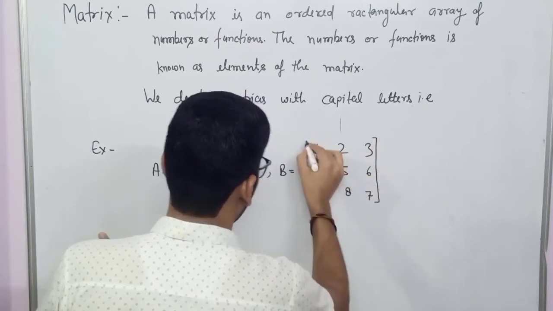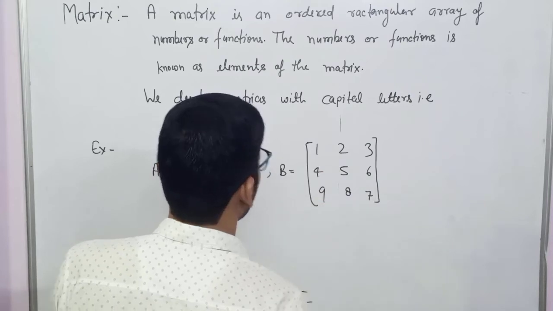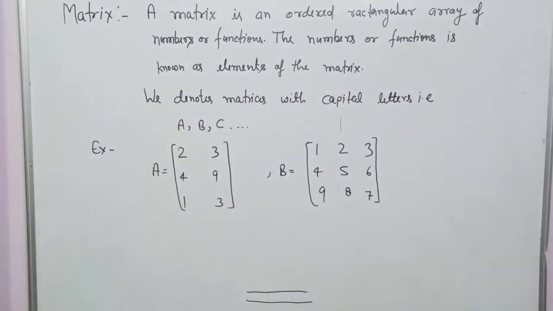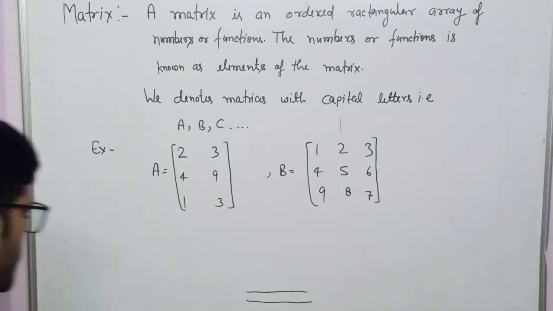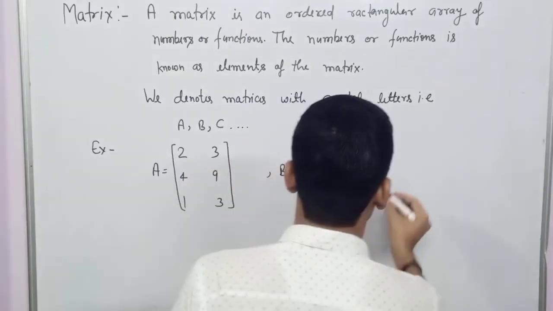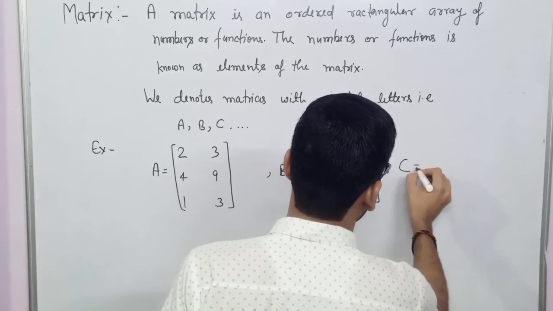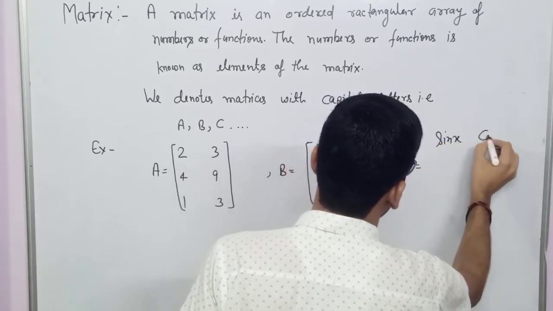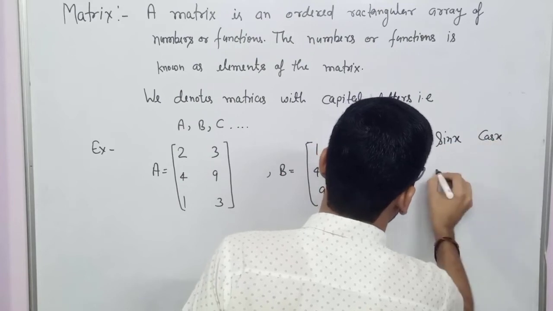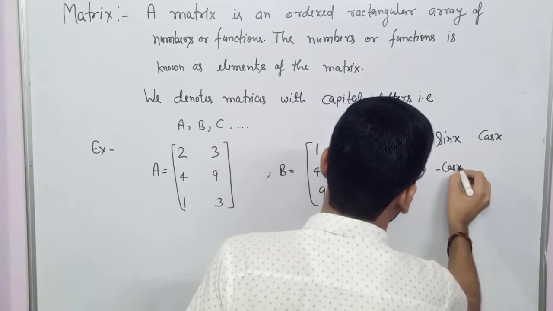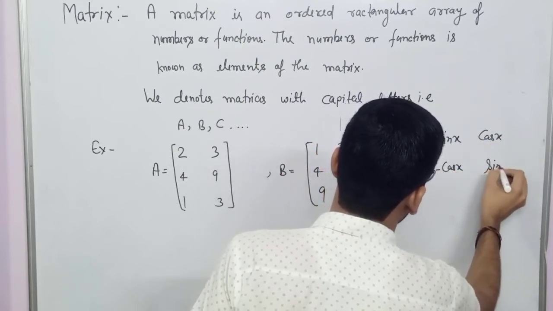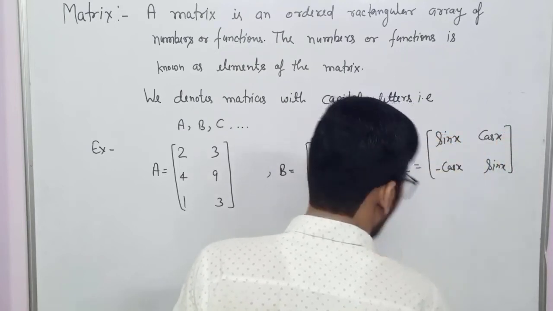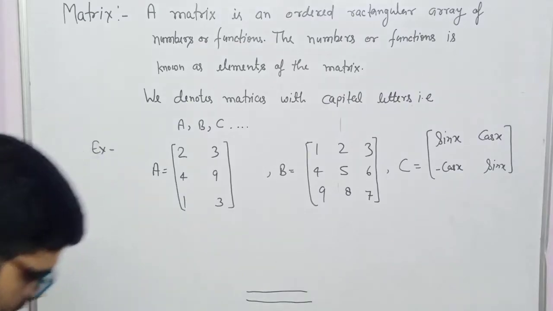Here we write a random matrix. This is a matrix, and you can write in trigonometric form: sin x, cos x, minus cos x, sin x, something like that. All are matrices.